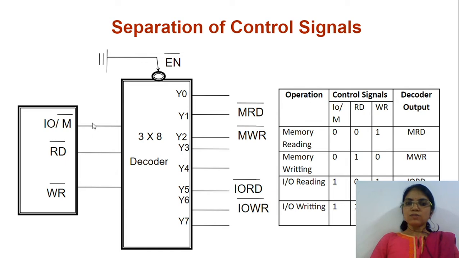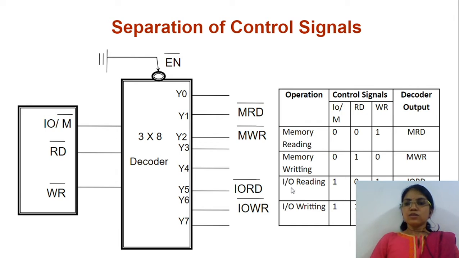So by transferring 010 on the inputs of the decoder, 010 stands for 2, Y2 is activated, and on Y2 the operation related with the memory writing can be done. In this way, we are doing the two operations related with memory reading and memory writing.